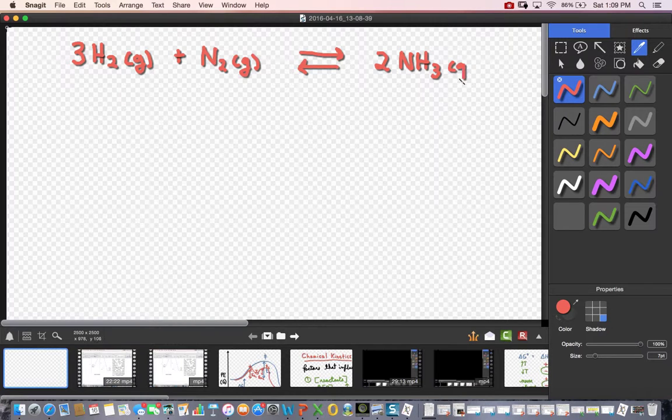Now, in terms of kinetics, I can describe this reaction experimentally by measuring the rate of disappearance of a reactant or the rate of appearance of a product. And we have to account for the stoichiometry when we do it this way.